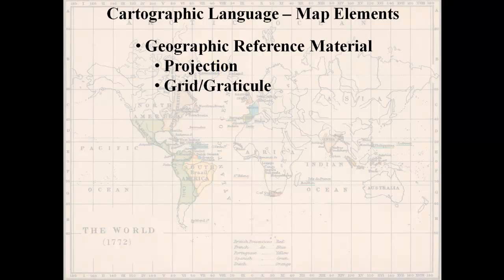Also, if you want to make it easier for people to find just a part of a map or zoom into a location on the map, you should include a grid, which would be horizontal and vertical lines separated by the projected dimensions. A graticule is a grid, but it uses latitude and longitude instead of the linear dimensions that a grid does.